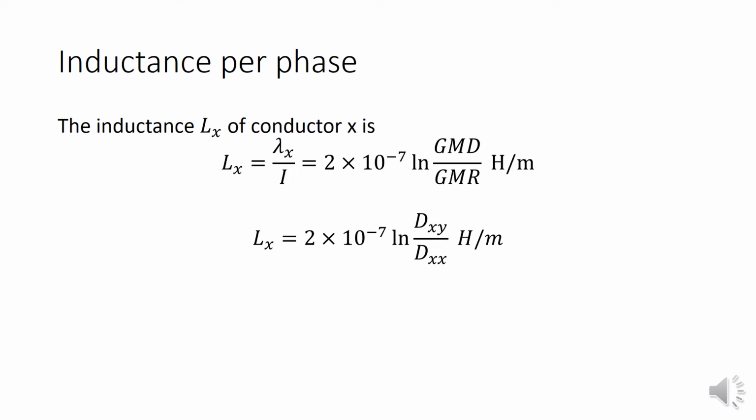This equation, Lx equal to 2 into 10 to the power minus 7 ln dxy over dxx Henry per meter, is written for when we have two types of conductors. I'll give you that example also. What you have to understand is the answer will be in Henry per meter.